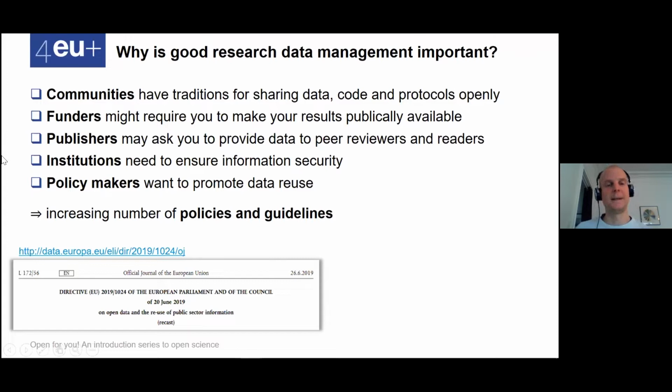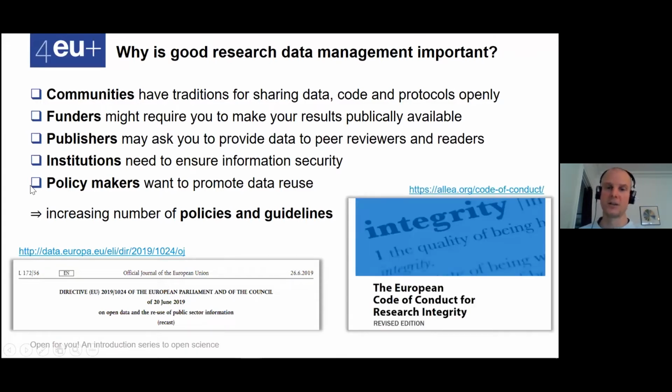And this is currently being implemented by all the member states. And then there's the European Code of Conduct for Research Integrity, which I hope that you all have seen, which also outlines some general principles for good research data management to ensure, for example, transparency, trustworthiness, and integrity in general.